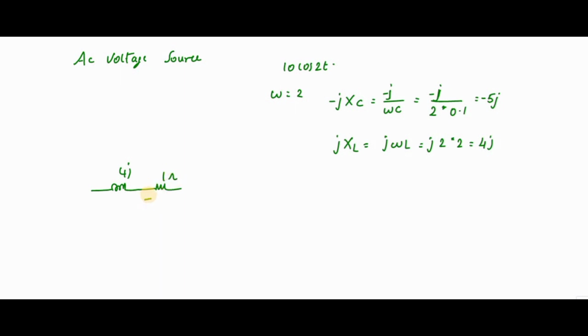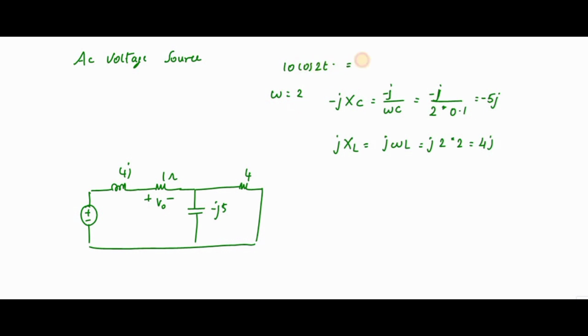The capacitor value is minus 5j, this is 4 ohm, and this is short circuited. The voltage source 10 cos 2t, with magnitude 10 and no phase, so the phase value is 0. I can write 10.